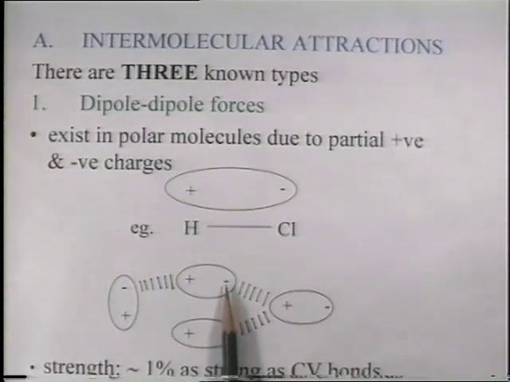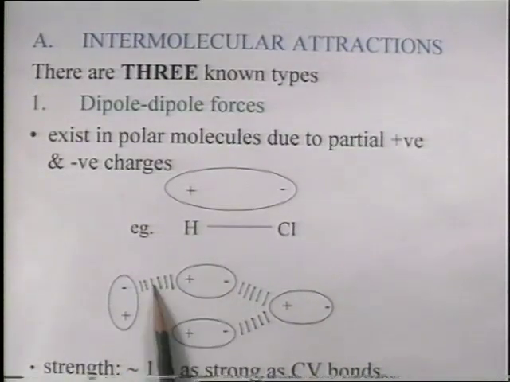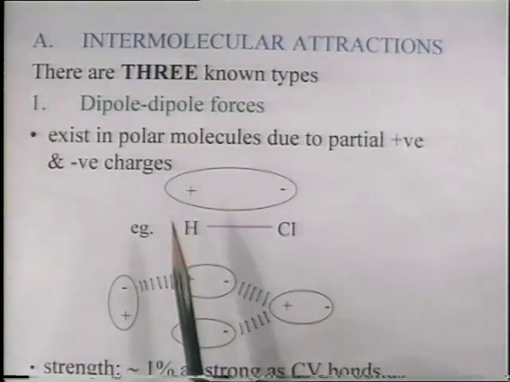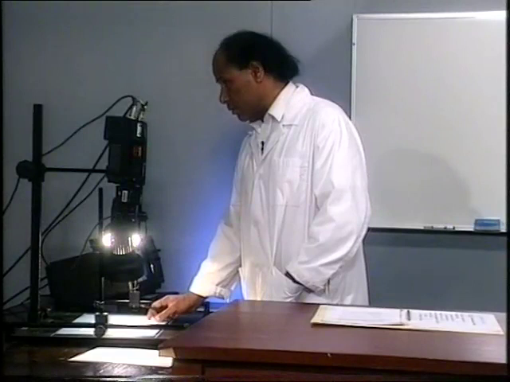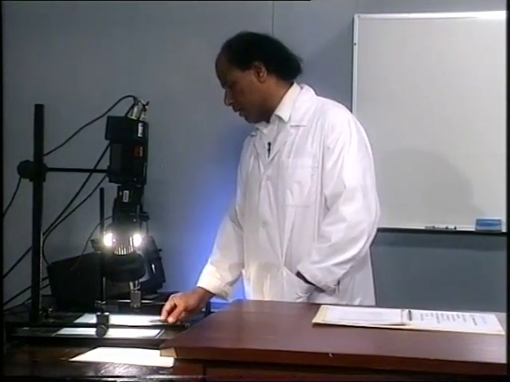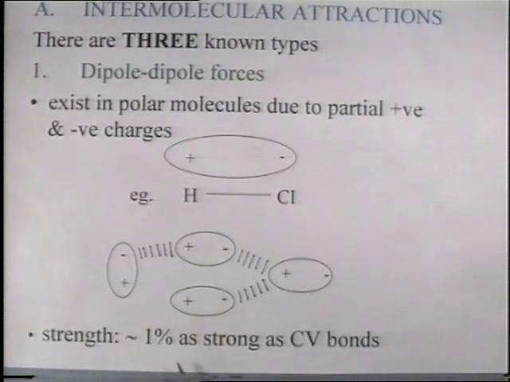Likewise, this negative end gets attracted to the positive end of this other dipole, and so on and so on. So these attractive forces that exist in this manner are what we term dipole-dipole forces. We're shown here that the strength of these dipole-dipole forces is about 1% the strength of the covalent bonds.